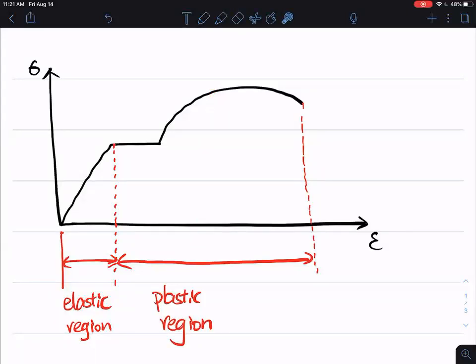Then all the deformation caused by that stress is permanent deformation. But if you apply a stress below that point, anywhere here, the corresponding strain will be inside the elastic region. It can recover to its original shape.